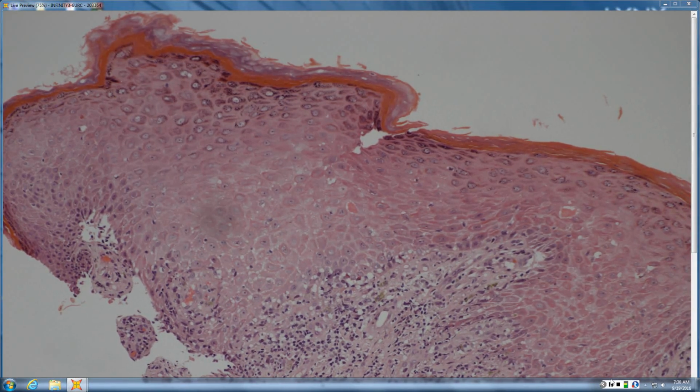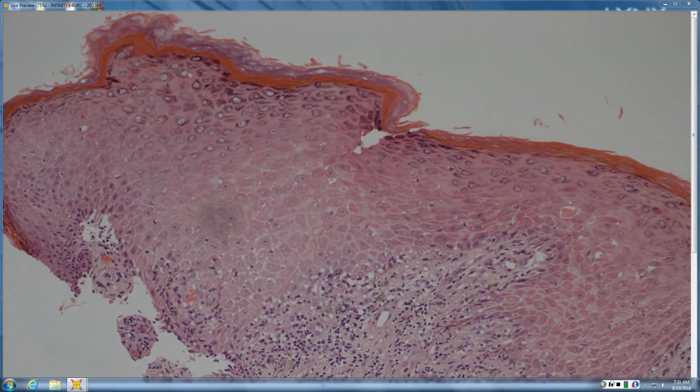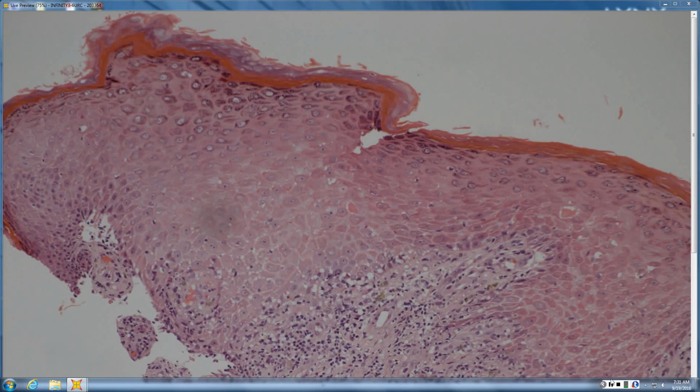So with lichenoid, there should be kind of an obliteration of the whole DEJ where you can't even see definitively where it was in basal keratinocytes. So in vacuolar, your basal layer is intact, just shot full of holes.